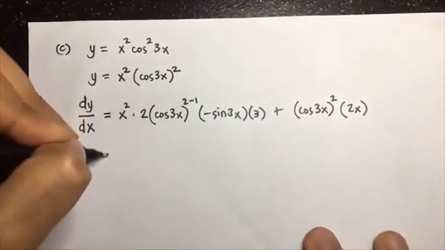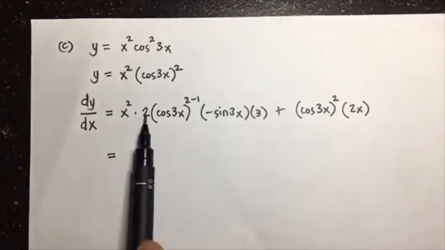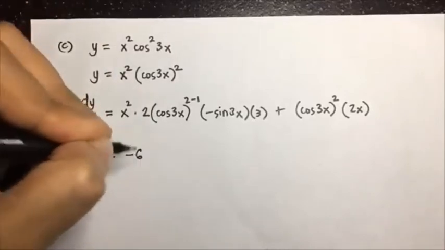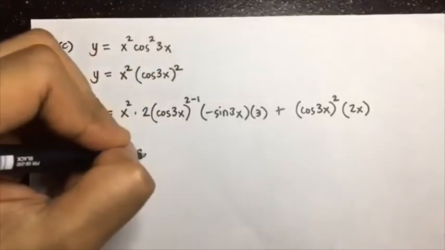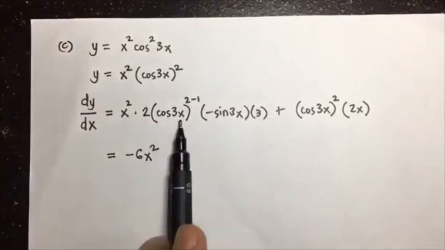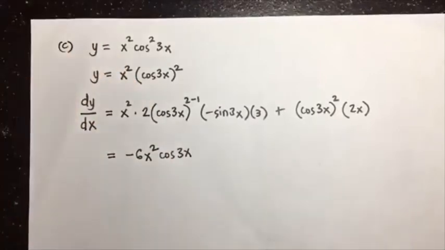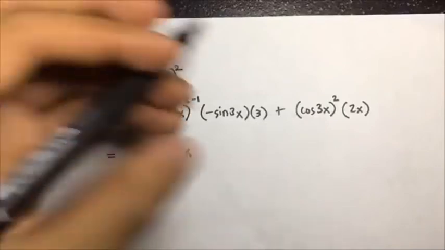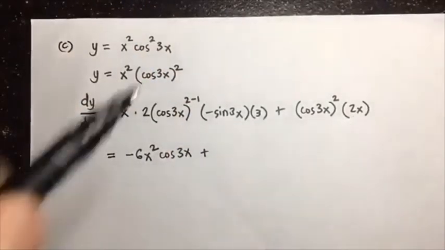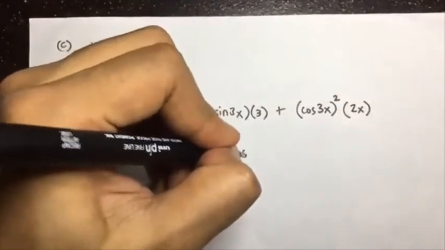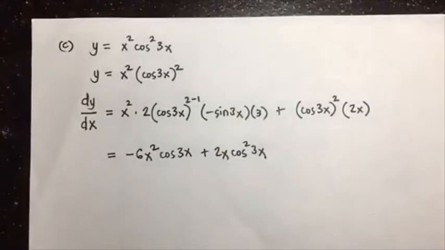Okay, so simplifying this, 2 times negative times 3 will become negative 6, and then we have x squared, and then we have cosine 3x, plus this one, plus 2x cosine squared of 3x.